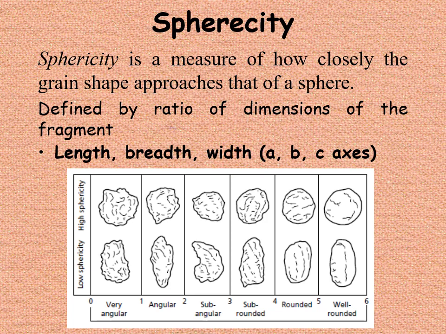You can only get two axes, either A and B, or B and C, or C and A, but the third axis is missing. So for telling the sphericity of any sedimentary grain, you have to observe it in hand specimen. Okay.